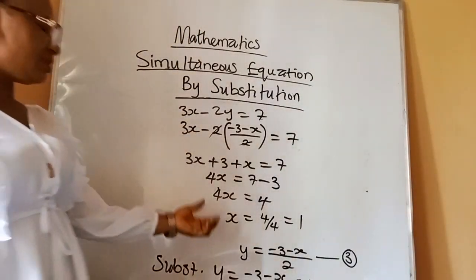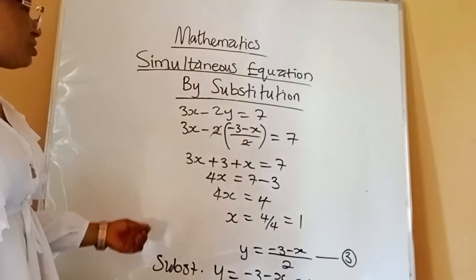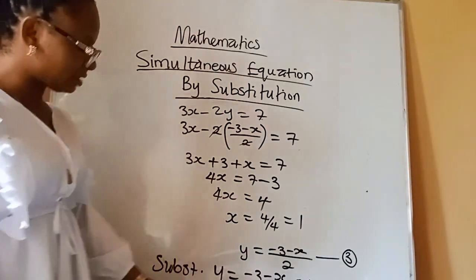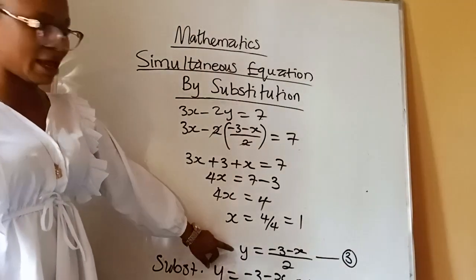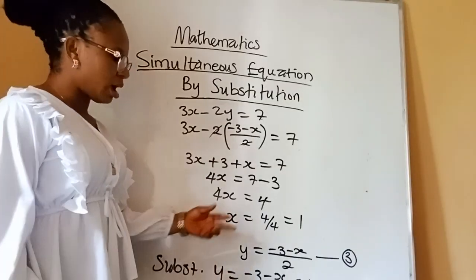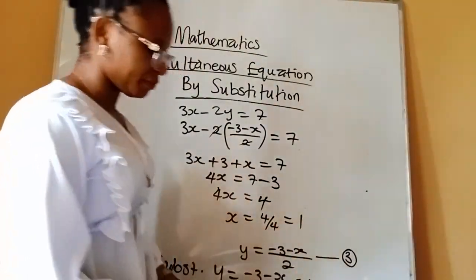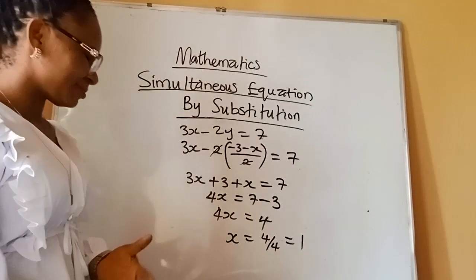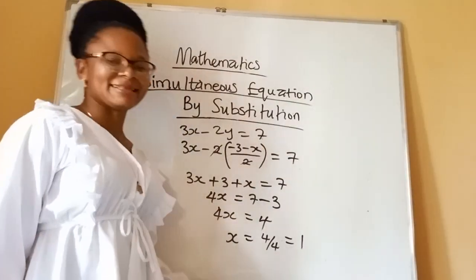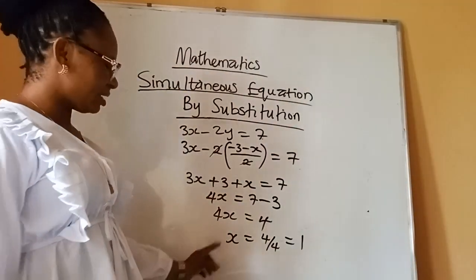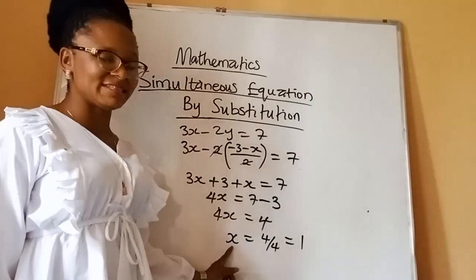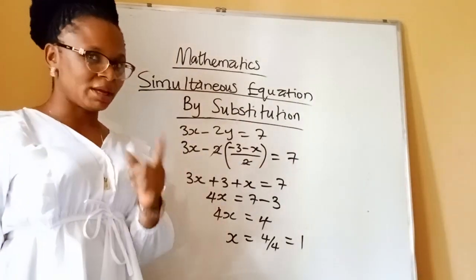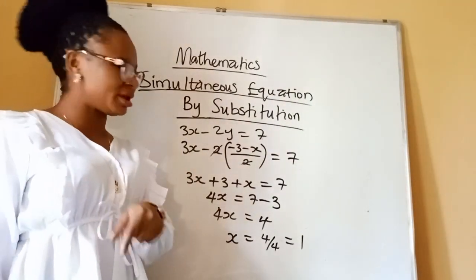Okay, having gotten the value of x, we are going to substitute that value of x into this particular equation for us to get our value for y. Alright, for us to get the value for y, we say substitute this value you just got in x into equation 3. Can you still remember the equation 3?